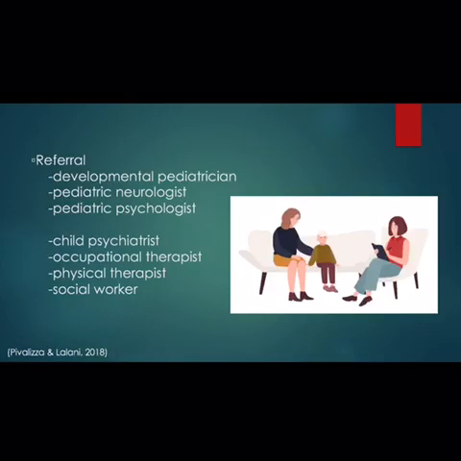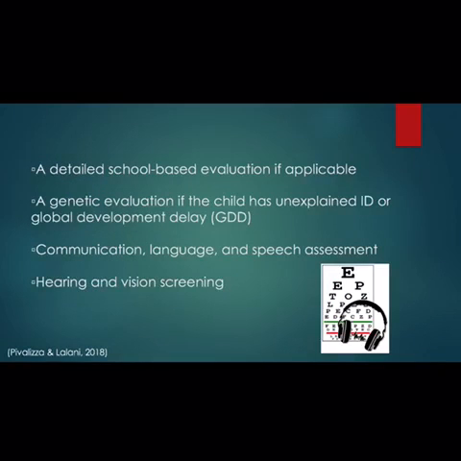The child should be referred to a developmental pediatrician, a pediatric neurologist, and/or a pediatric psychologist. A child psychiatrist can be utilized if there are psychiatric comorbidities, an occupational therapist and a physical therapist for assessment of functional impairment, and a social worker for assessment of child and family needs as well as for resources to social supports. A detailed school-based evaluation should be performed if applicable.